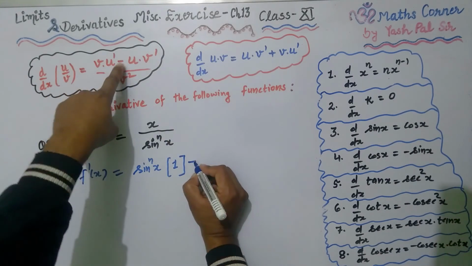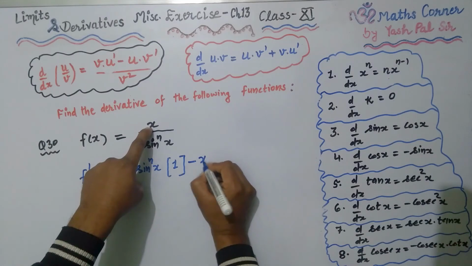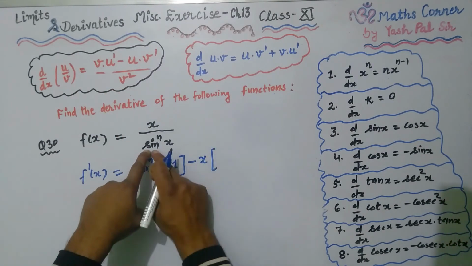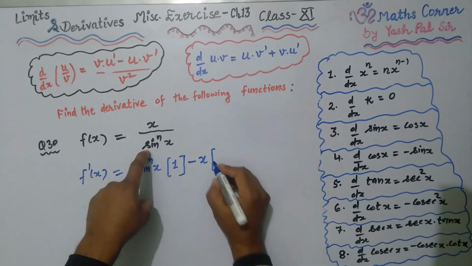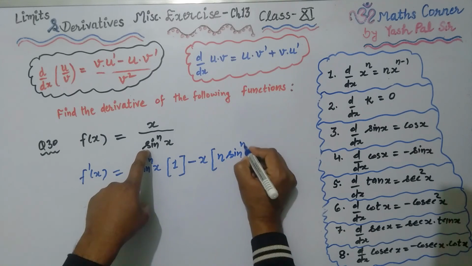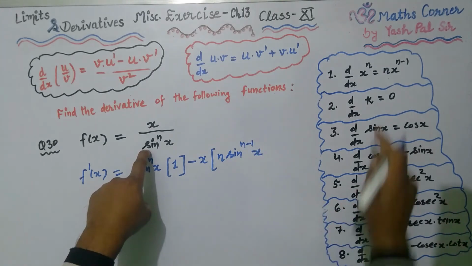Next is minus u, x, into v', derivative of sin raised to power n x, which is n into sin raised to power n minus 1 x, like this.